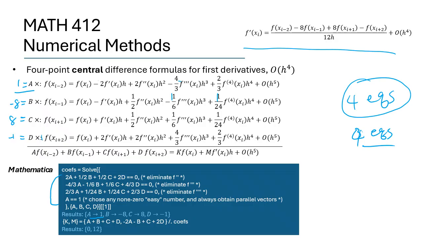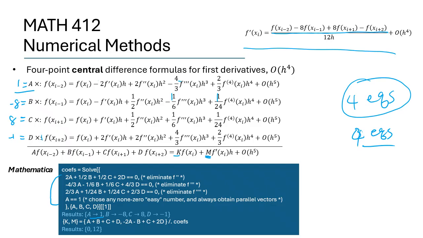So that's why we have this. And remember, this K is A plus B plus C plus D, so this K is 1 plus -8 plus 8 minus 1, which is 0. So we don't have that f of xi there.